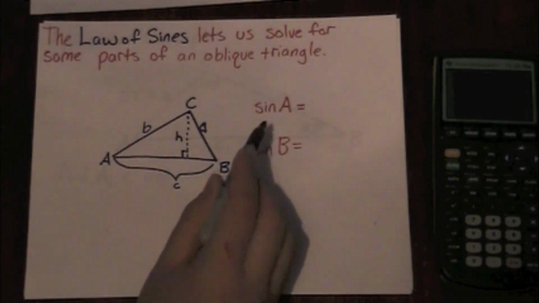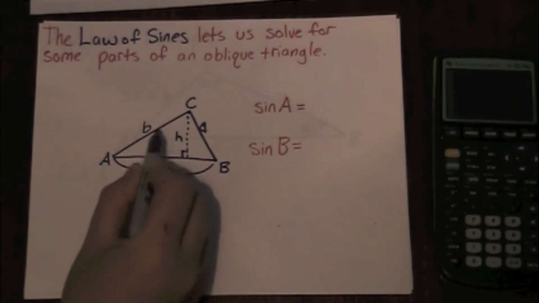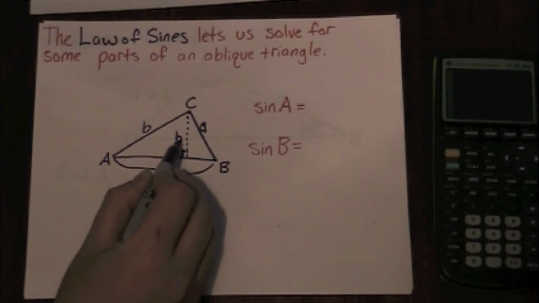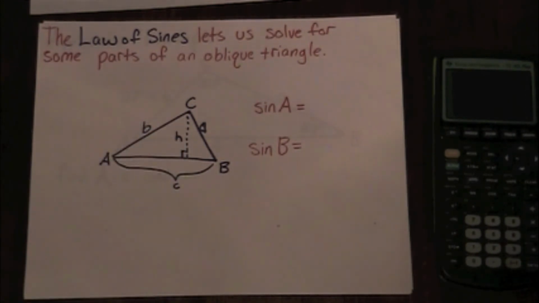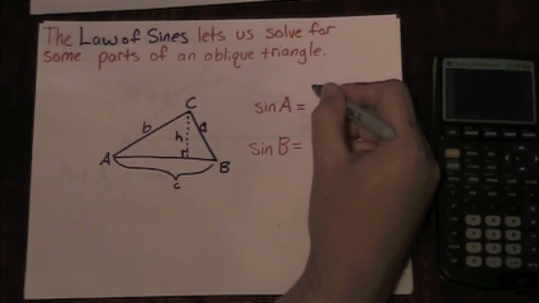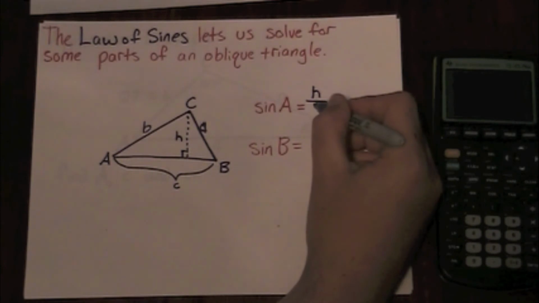If I write the relationship for sine A, I can recognize that in this small triangle on the left side of the interior, the opposite side is h and the hypotenuse is b. So sine of A I can write as h opposite over hypotenuse b.